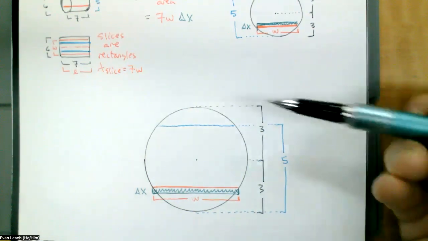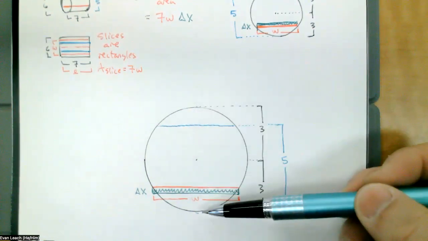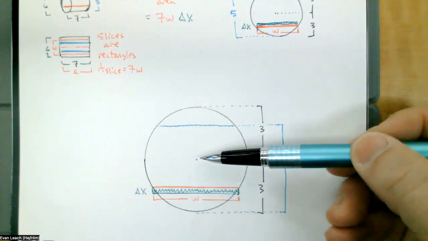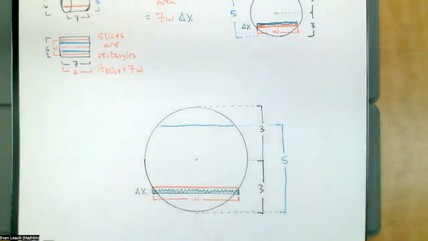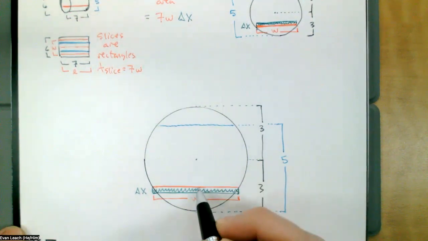We could go with the top of the tank, or the bottom of the tank, or the center of the tank, or the surface of the water. So we have 4 reasonable choices. Because I know how this problem is going to go, I am going to pick the center of the tank. I'm going to let x be the distance from the center of the tank down to the slice.